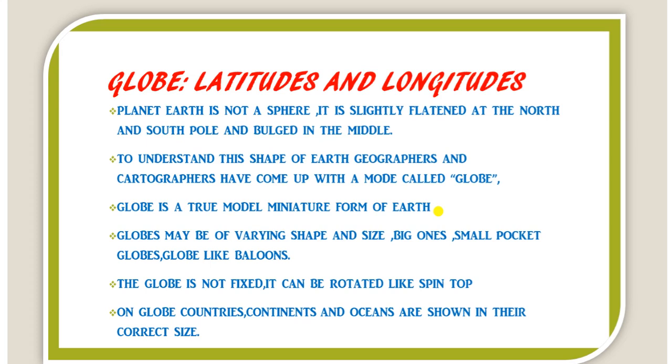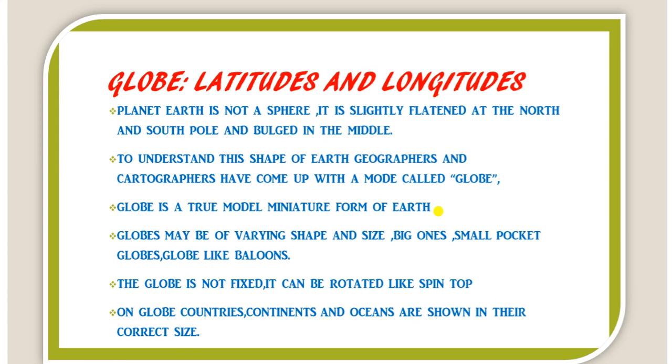To understand the shape of earth, geographers and cartographers, meaning the people who are experts in making maps, have come up with a model called a globe. So we can easily say globe is a true miniature model of earth.